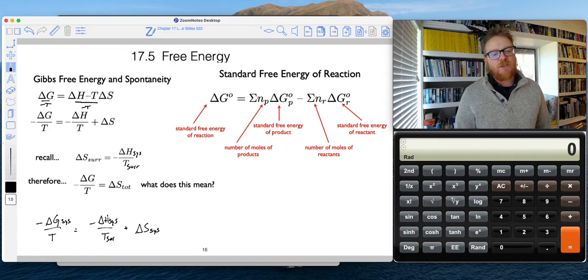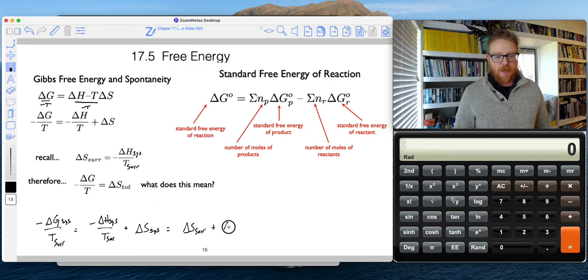Then that means this whole quantity is actually the entropy of the surroundings. Okay, right? And so I could tack that on to there as well. And so now if I was rearranging this, this delta H of the system divided by temperature of the surroundings, I'm just going to replace that with delta S surroundings, right?